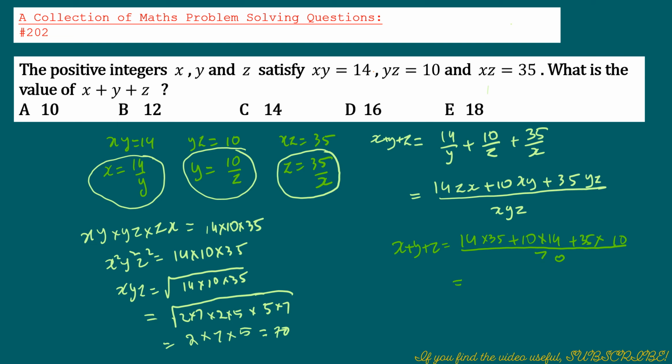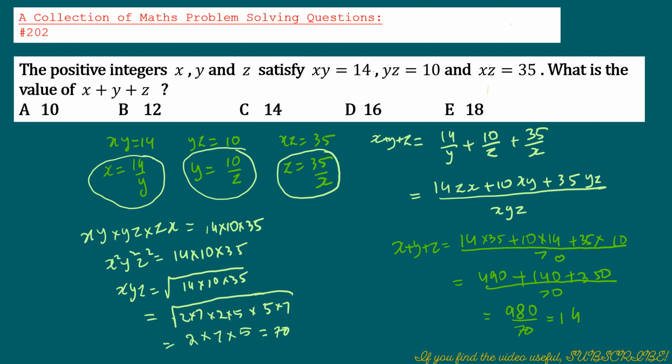So that would give you 14 times 35 is 490, plus 140, plus 350, divided by 70, and that gives you 980 divided by 70, and that gives you 14.